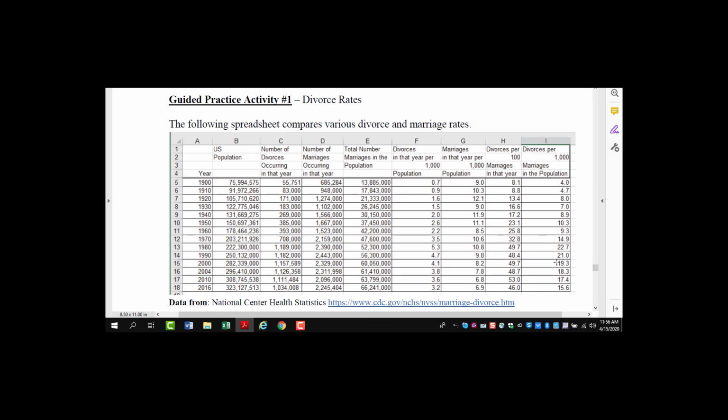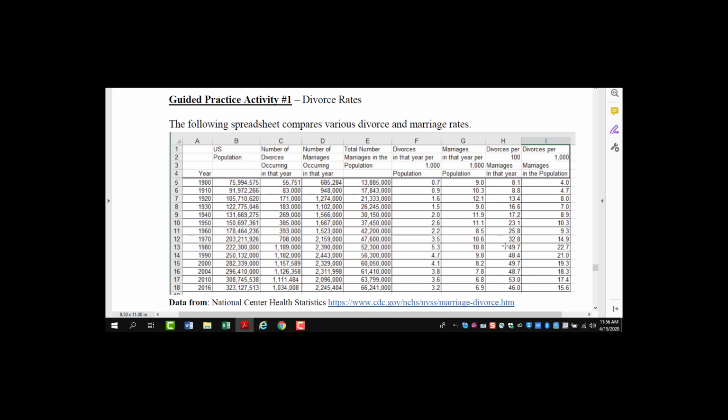And finally, the 19.3 means there were 19.3 divorces for every 1,000 marriages in the entire population. Now, we're going to use this one because for the others, you're only comparing a denominator that is just people married that year, where the numerator is all marriages that ended in divorce over the entire country.